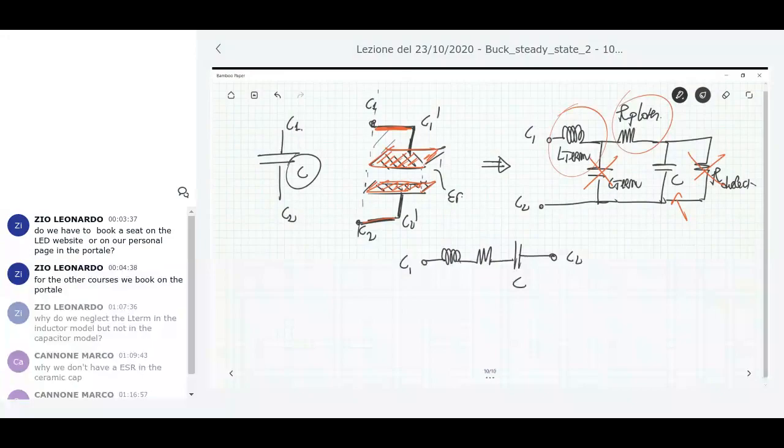This resistance, which is mainly due to the resistance of the metallic plates that compose this capacitor, is called equivalent series resistance. The inductance, which is mainly due to the terminals, is called equivalent series inductance. This is a generic model. This is the model that best fits the behavior of electrolytic capacitors.